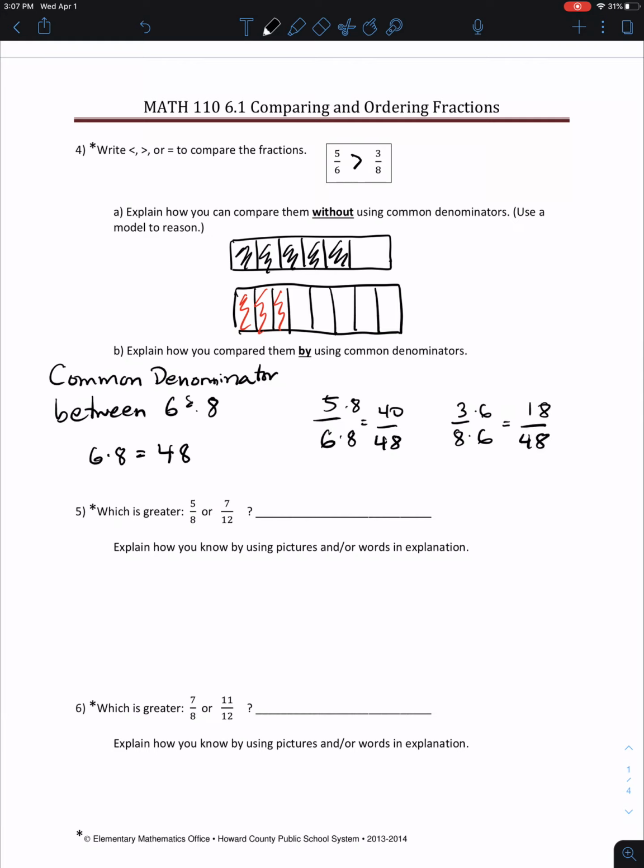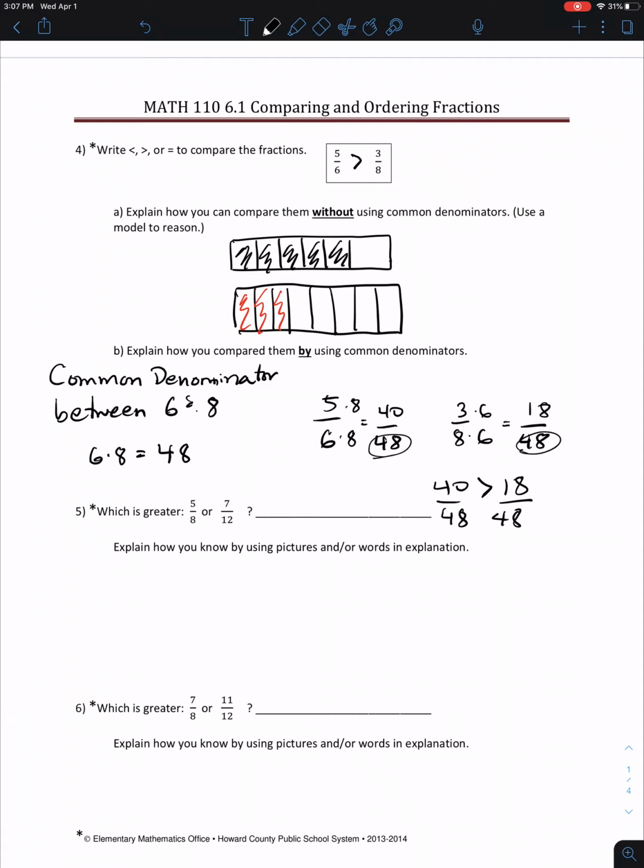And the nice thing is, when you're comparing 2 fractions that have the same denominator, you can really just ignore the denominator and look at the top numbers and say which one of these is actually bigger. Is 40 bigger than 18, or is 18 bigger than 40? Since 40 is bigger than 18, then 40 over 48 is bigger than 18 over 48. Does that make sense? All right, good.